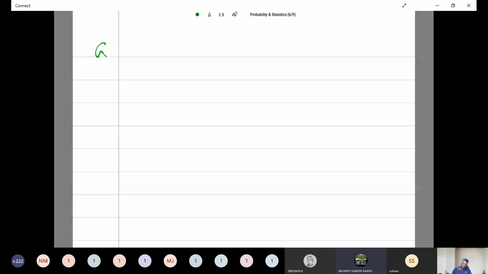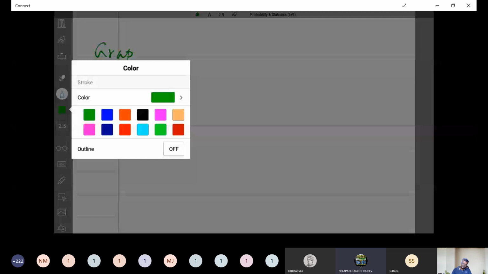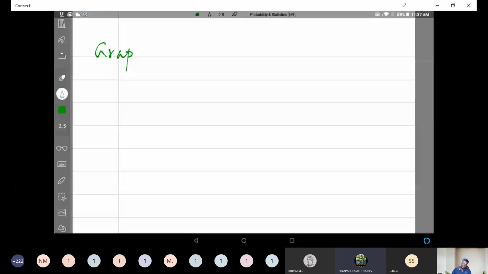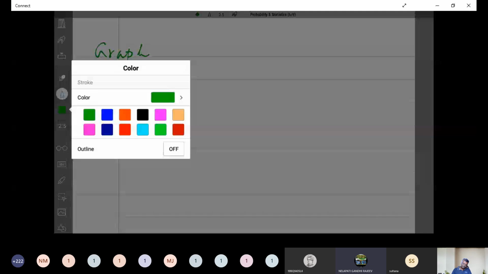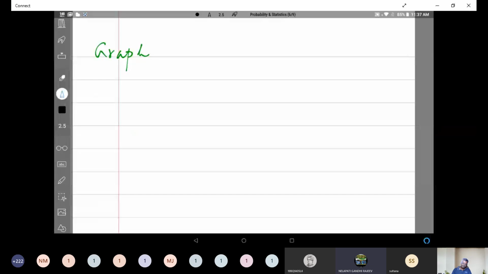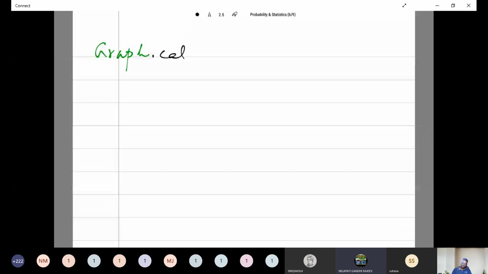Graphical representation of quantitative data.